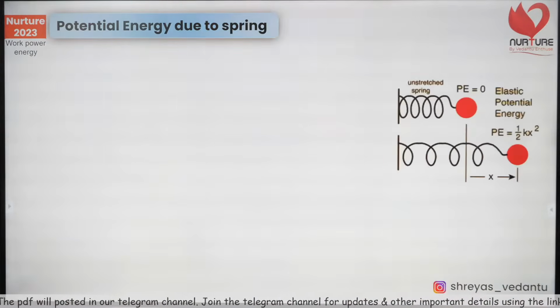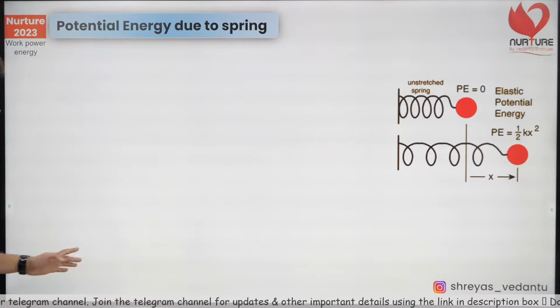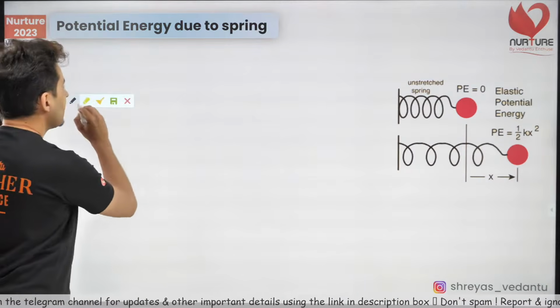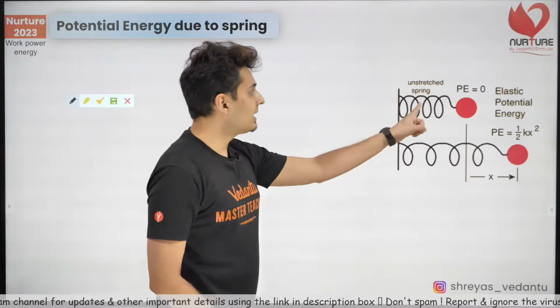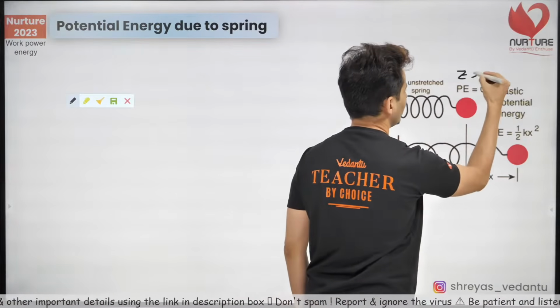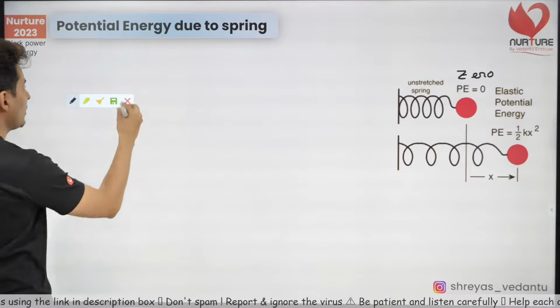With respect to. Same way for a spring, you can talk about the potential energy. How? Look at this quickly. If the spring is unstretched, the potential energy is 0. This is my 0 reference. When it is stretched by x, how do you find it out?